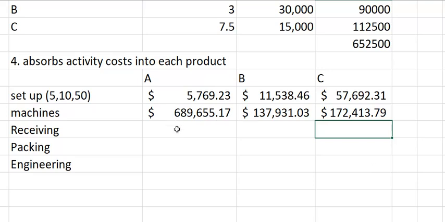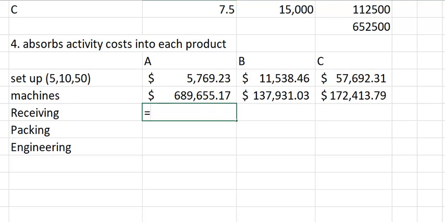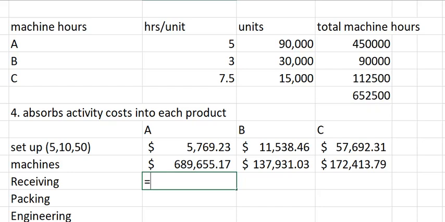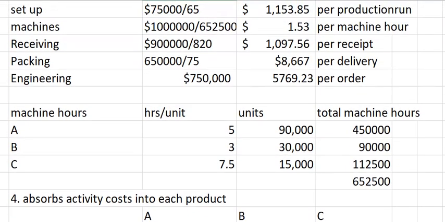Then let's go to receiving. So on receiving, we said the cost driver is 1097.56 per receipt.